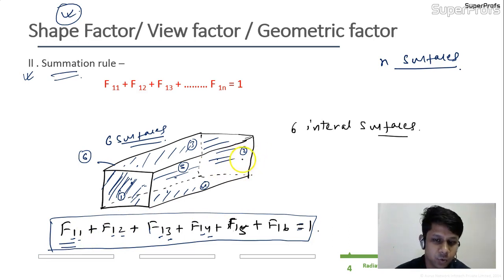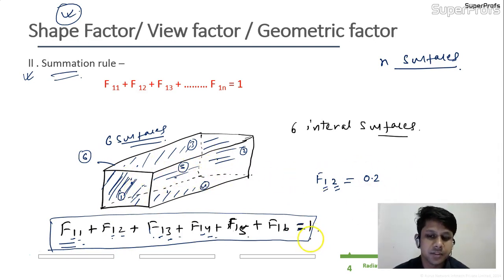Let us say F12. What does it represent? The radiation emitted from 1 and striking surface number 2. Let us say this fraction is 0.2. Like this, the summation of these values should be equal to 1, because the radiation will strike each of the surfaces, right?